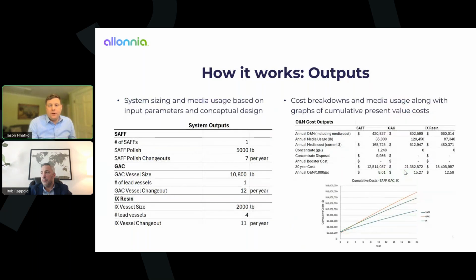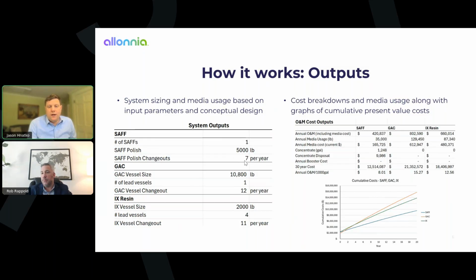After we put in all our inputs, we'll jump in and see what the system outputs look like. So on the left-hand side, you can see some of the outputs it will give you as far as vessel sizing. So it'll tell you how many foam fractionation systems you need, how many SAFFs. If there is a carbon polish after the SAFF, how many pounds of carbon will be in that polish and how many changeouts per year will you need to do.